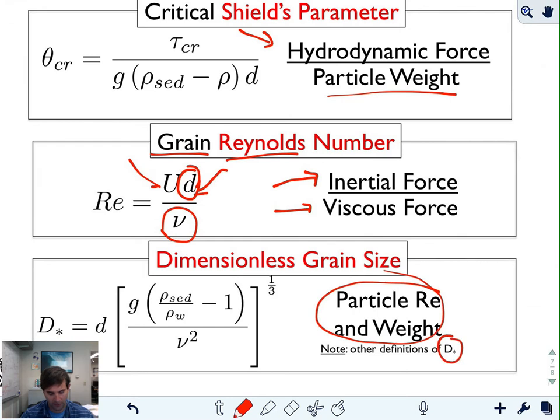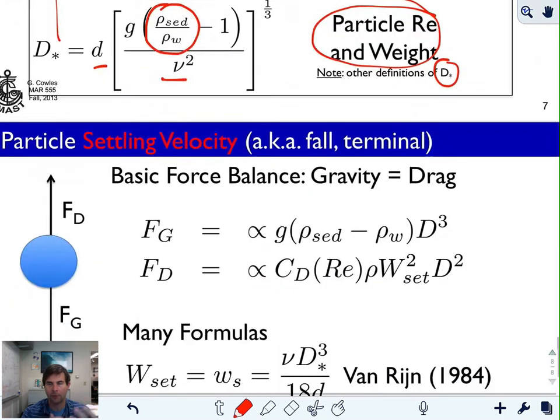And as I mentioned here, there are other definitions of this D star, so just be cautious. But it does include the ratio of densities between the sediment and water, again about 2.5, the kinematic viscosity here, and the physical diameter size here. So we're trying to create a dimensionless diameter, and that's what that does. None of these things have units. They're all unitless parameterizations.